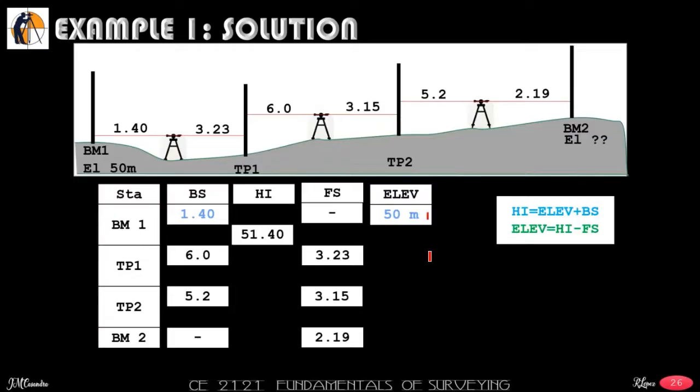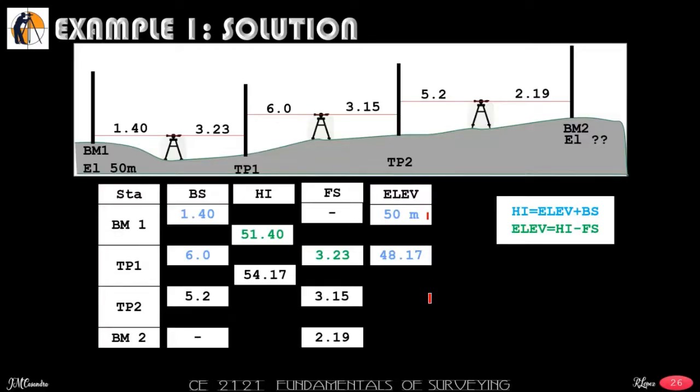So next, we'll have the elevation of the next point, which is TP1. So it will be height of instrument 51.40 minus 3.23, which is equal to 48.17. HI is elevation plus backsight, so it is 54.17.